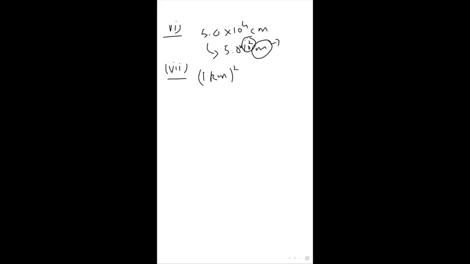For converting it to meters, you'd say it's 1,000 meters square, or you'd say that it is 1 into 10 raised to the power 6 meters square, right? So you need to multiply it with the whole.